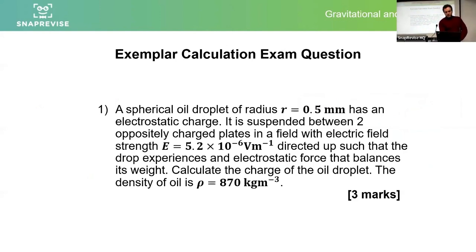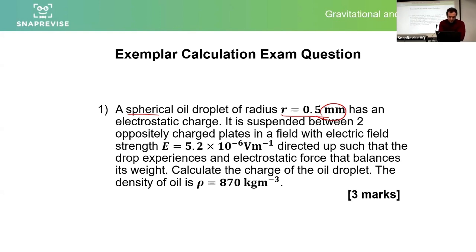A spherical, nice oil droplet of radius 0.5 millimeters, watch out for the millimeters, has an electrostatic charge. It's suspended between two oppositely charged plates, which implies it's going to be a uniform field.